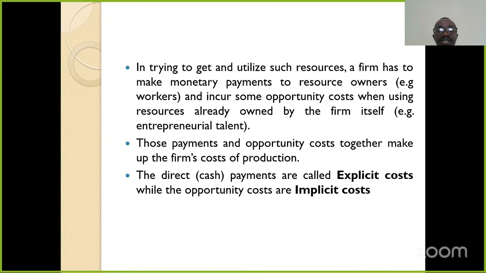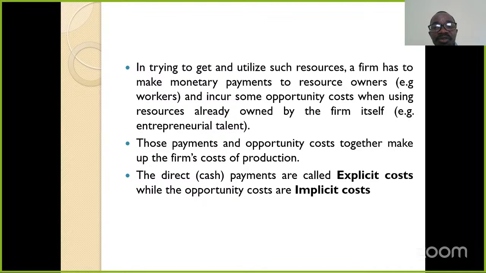On the other hand, the implicit costs are the opportunity costs. When you're talking about opportunity cost, you don't actually pay, but you forego the opportunity for using the resources that you already own. For example, if you are operating in a building that you own, there's opportunity cost there.